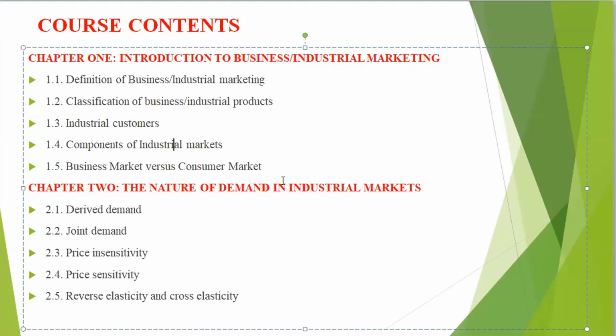In this case, there are a number of different types of demand in the industrial market. Joint demand, and demand as a result of different products. While purchasing different products, you may need another product to use jointly, joint, which means in collaboration.